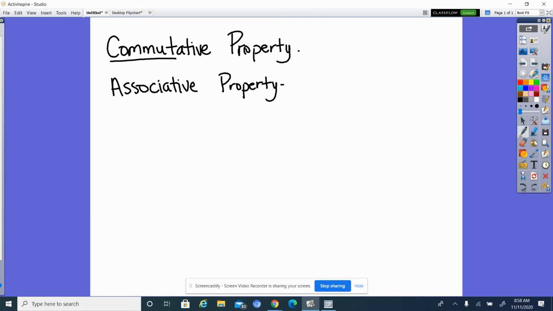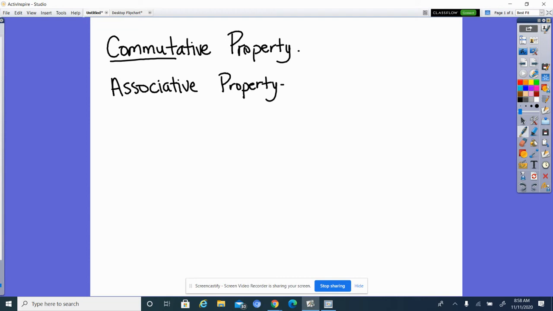Okay, we can move our numbers around when we're adding, and the answer will still be the same, right? It's not going to change our answer if we say you have to be first when we're adding. Okay, with multiplication, you can. With division, you can't. With subtraction, you can't. So we have the commutative property of addition, and we have the commutative property of multiplication. Okay? So commutative property, we can switch everything around when we're adding. It's not going to change the answer.